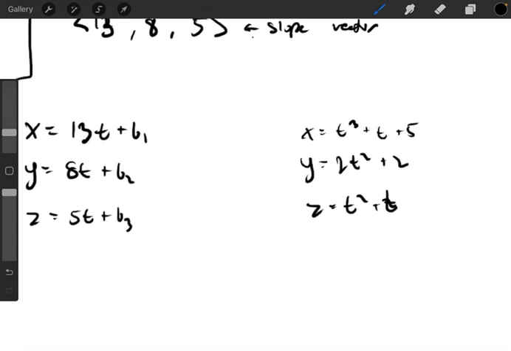All we want to make sure this tangent line does is touch the point that we're taking the tangent line of. So say this is the curve, and this is at t equals 2. This tangent line has to touch the curve at t equals 2 to make it a tangent line.